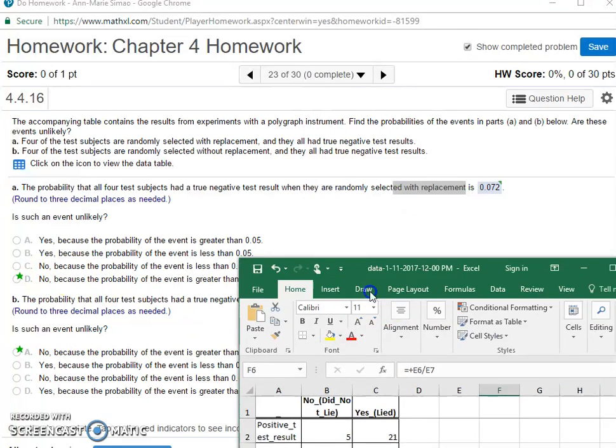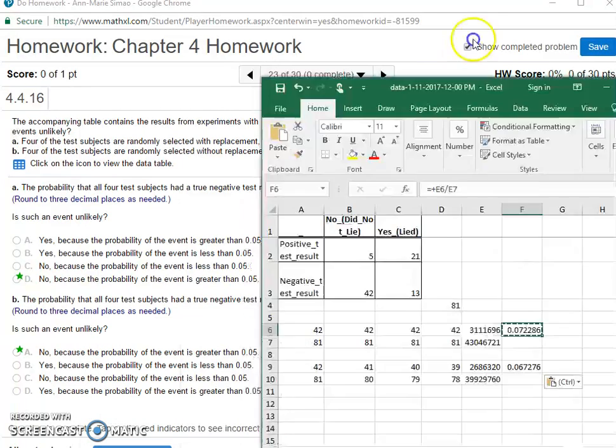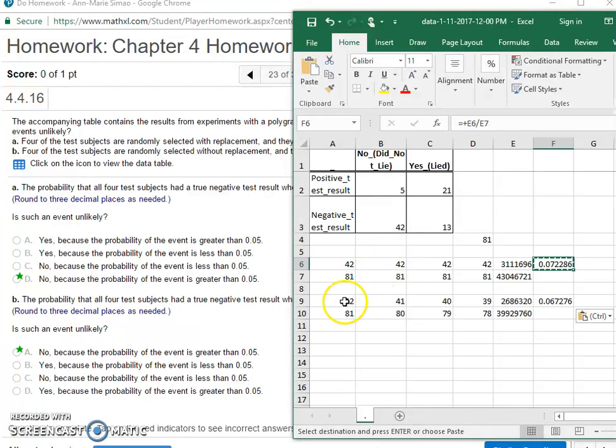The probability all 4 test subjects had true negative results selected without replacement. That means 42 out of the 81 is the first probability I'm going to multiply together. Then what's going to happen is I don't have that 1 anymore. So 42 becomes 41 because it's not replaced. The 81 becomes 80. 42 over 81 times 41 over 80. But we're doing this 4 times. The 41 becomes 40.